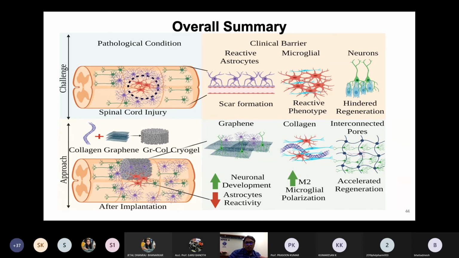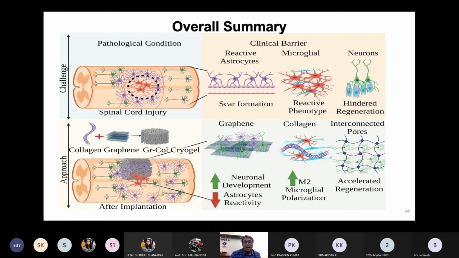The challenge was the scar formation, which is because of the reactive astrocyte phenotype and microglia, which does not allow the repair process and hinders regeneration, the intrinsic capacity of the neuron. But with our material, we are able to achieve neuronal development because we can decrease the astrocyte reactivity.